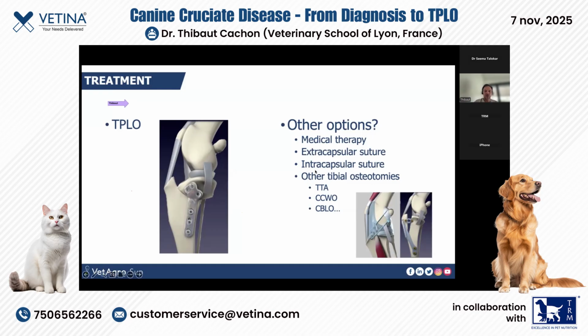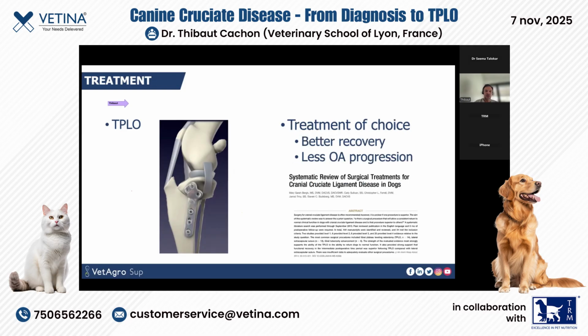Of course, there are a lot of other tibial osteotomies, such as the TTA, the CCO, the CCWO, and the CBLO, which is the latest one. I would say that in my hands, I almost always perform a TPLO because for me it's the best, the most reproducible surgery for the cruciate disease.